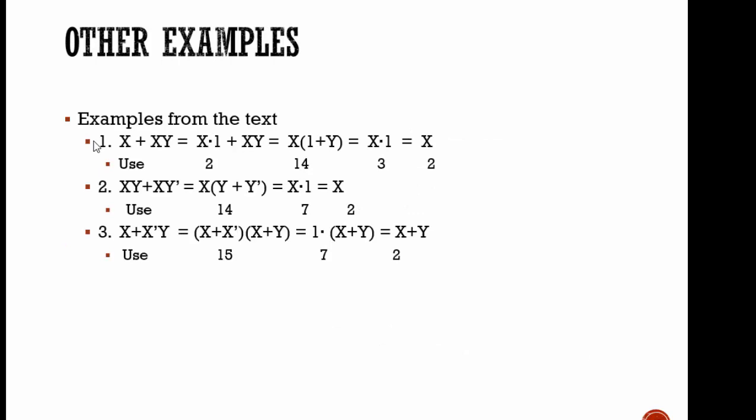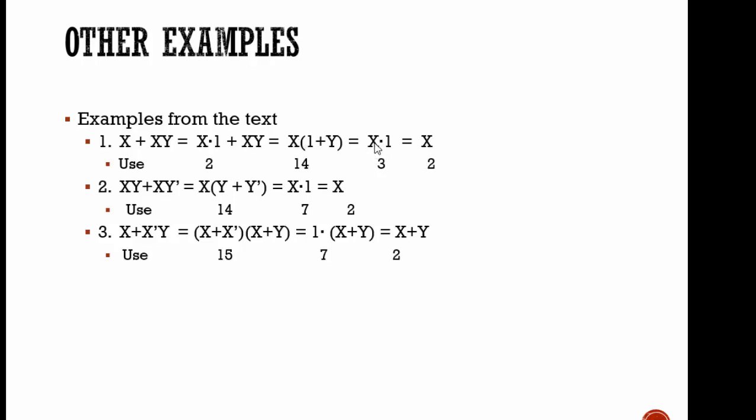Other examples are these. You have here x plus xy, and then you use identity number 2, which is x and 1 equals x. So we can factor out x, using the distributive law, number 14: x times 1 plus y. 1 or y will always be equal to 1.